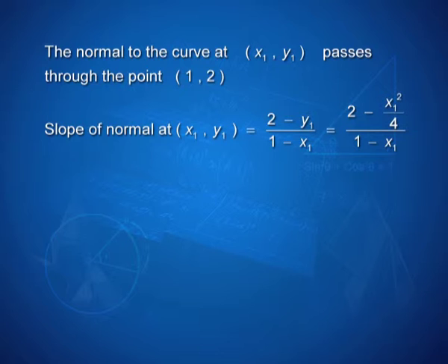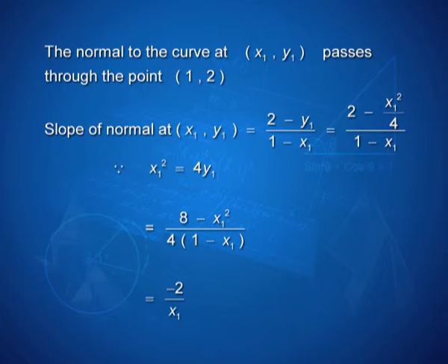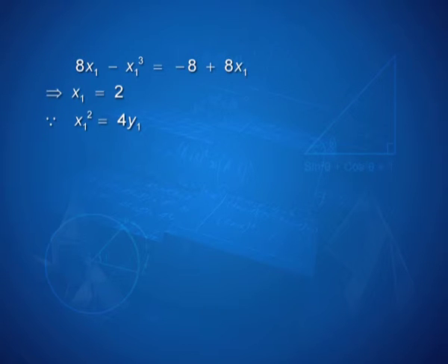I can equate it with negative 2 by x1, but I can first make it a function in one unknown by replacing y1 with x1 square by 4, because x1 square was 4 times y1. (x1, y1) lies on the curve x square equal to 4y, right. So, we are ready to simplify and equate with negative 2 by x1. What is left is simplification. Cross multiply, something simplifies, cancels out, gives you x1 as 2.